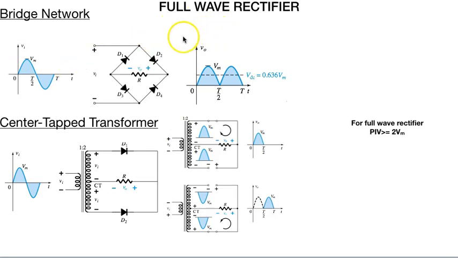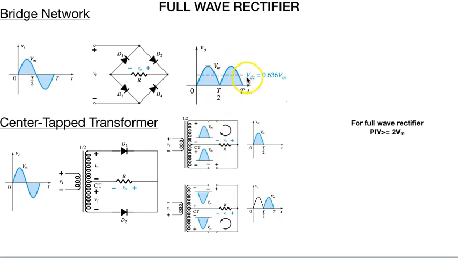Now this is for the bridge rectifier, the bridge or full wave rectifier, or the center tap rectifier. That means it allows both components of the same signal, that is from 0 to T/2 and from T/2 to T. For the signal passing from T/2 to T, it not only rectifies it and makes it pass through, but also changes its phase.